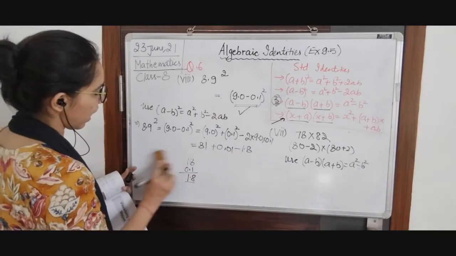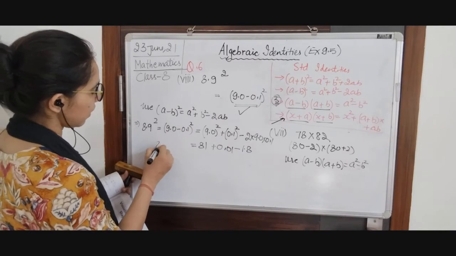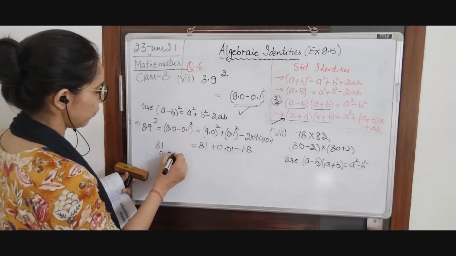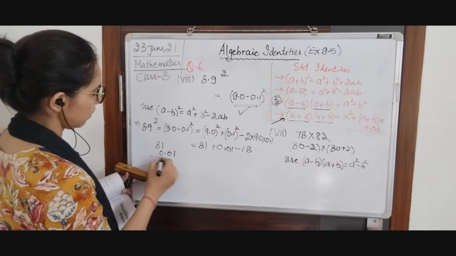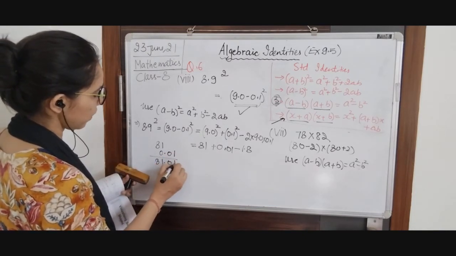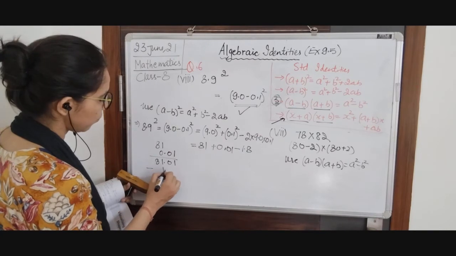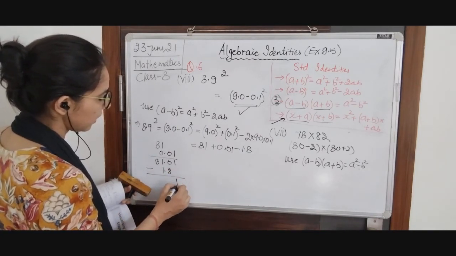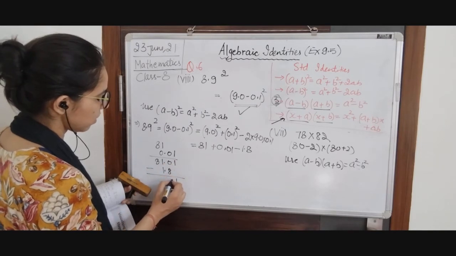Now we are going to add and subtract. 81 plus 0.01. So we write decimal below decimal. It will be 81.01. Now we have to subtract 1.8. So we have 0 here. 10 minus 8 we are going to get 2.